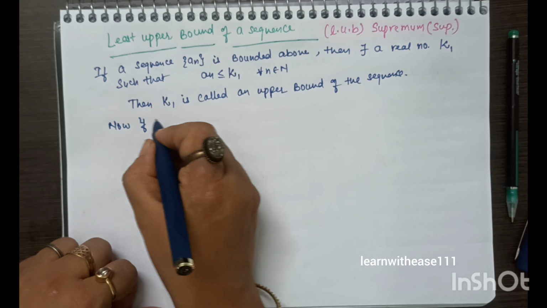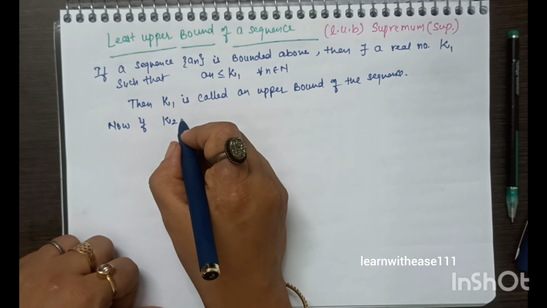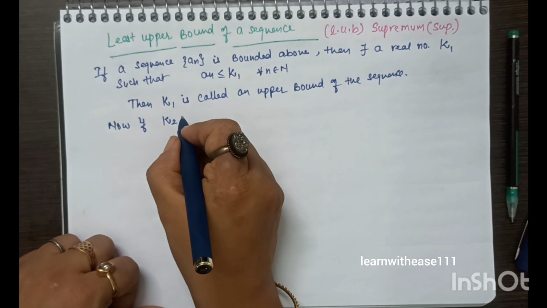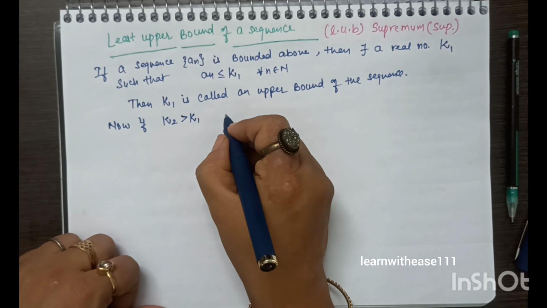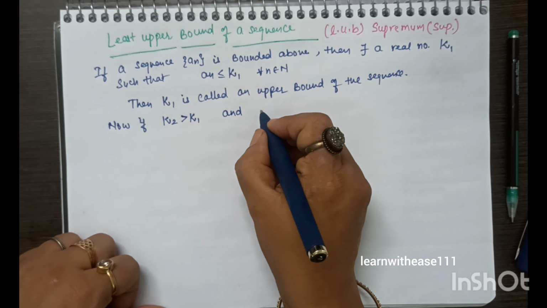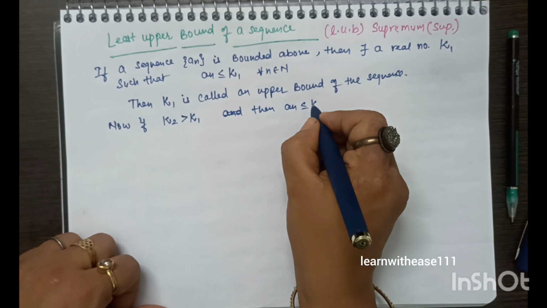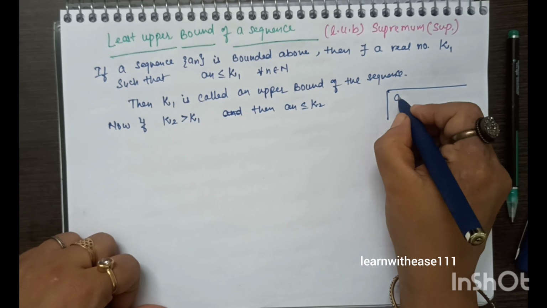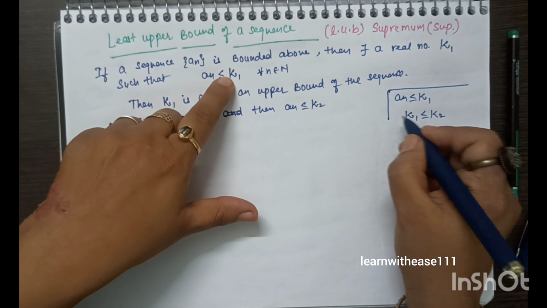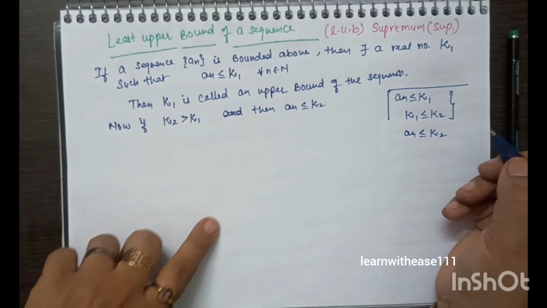Now take any number greater than k1. Suppose k2 is greater than k1. Then the sequence terms will also be less than k2. See, a_n was less than or equal to k1 and k1 is less than or equal to k2, meaning k2 is a bigger value, so a_n will also be less than or equal to k2.